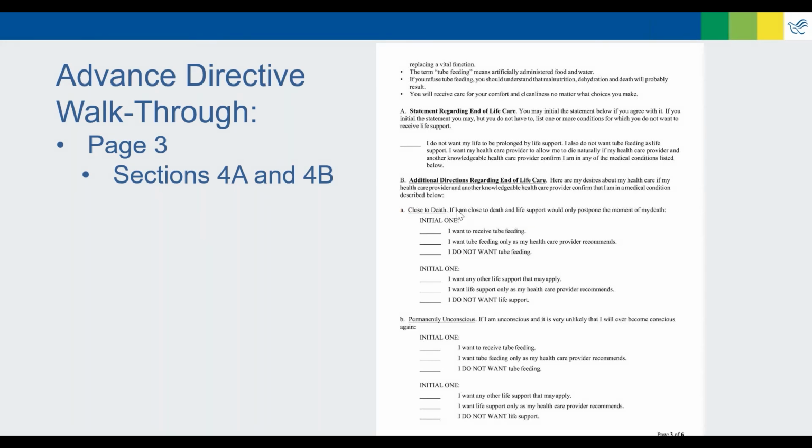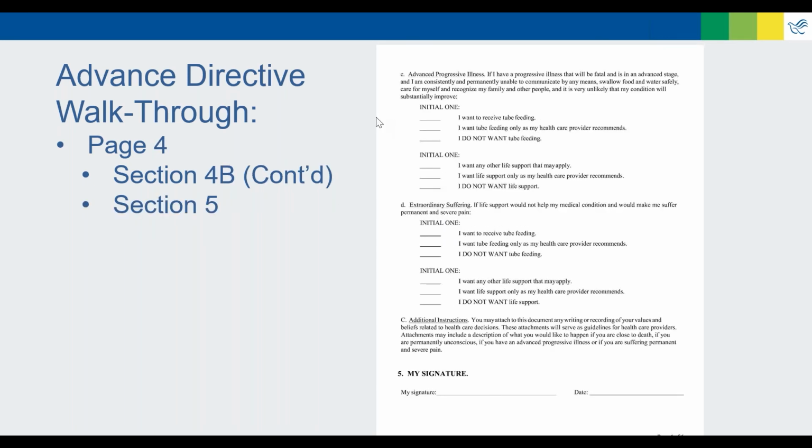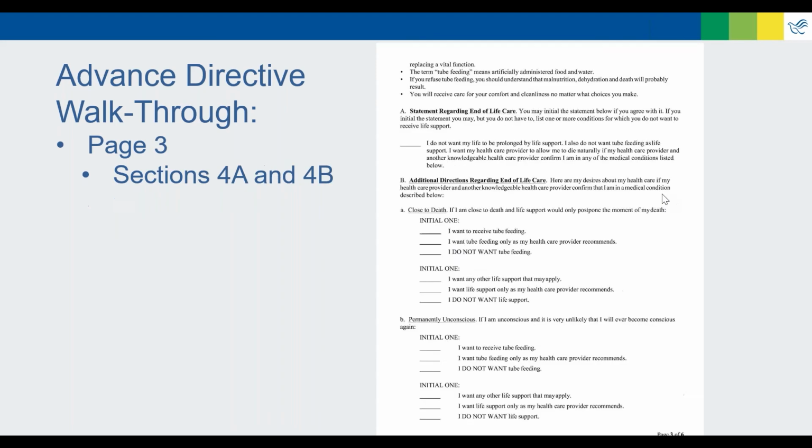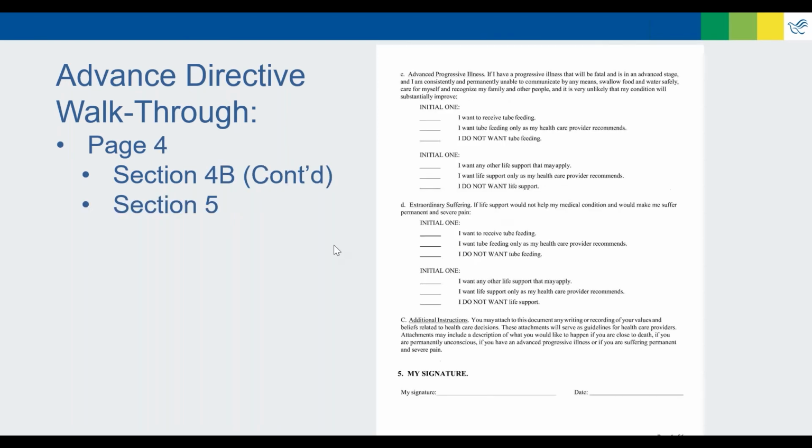So the 4 medical conditions are if I'm close to death, if I'm permanently unconscious, if I have advanced progressive illness, or if I'm in extraordinary suffering. Those are the 4 medical conditions that this form asks you to respond about, and they're all very significant medical conditions.